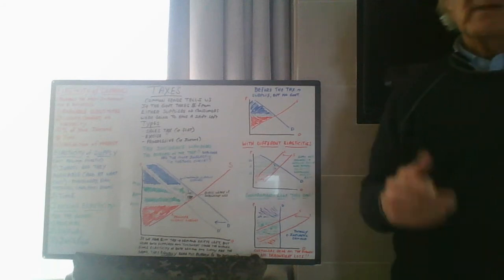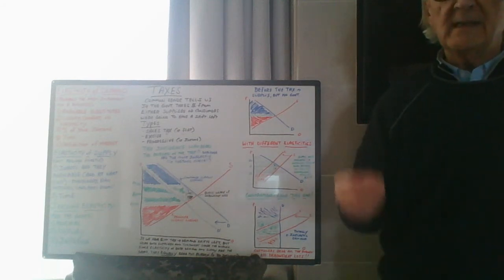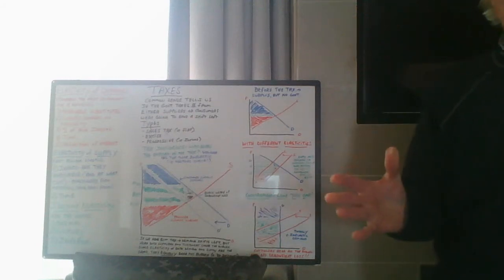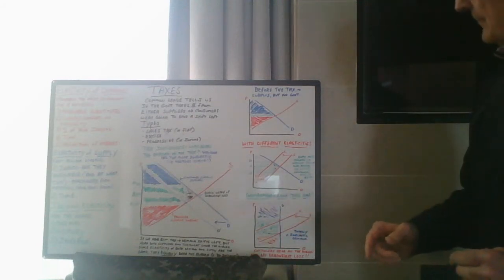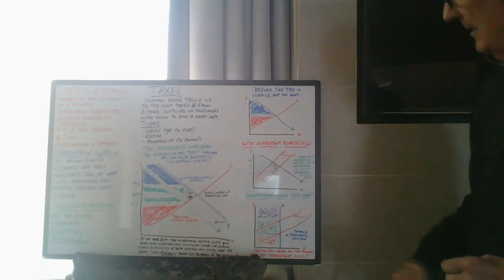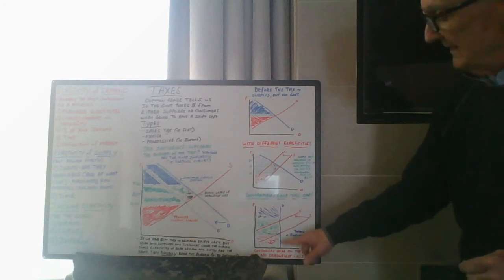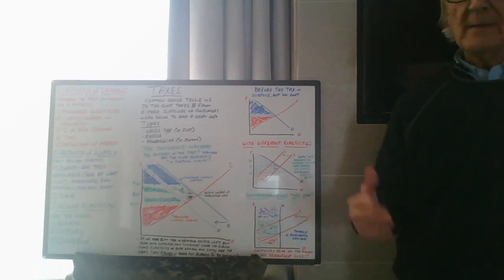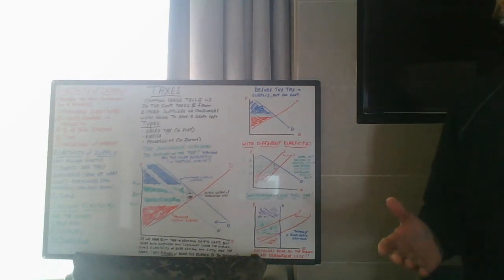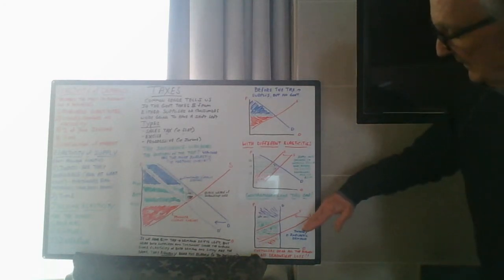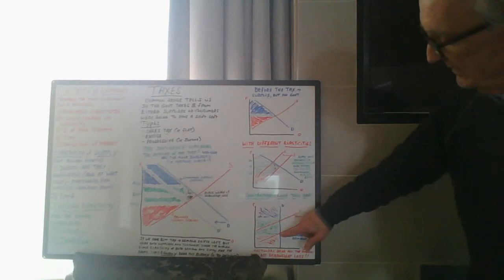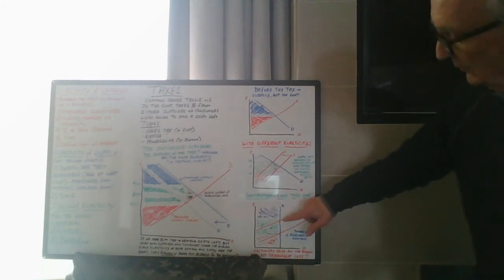Now, in the case of a totally inelastic product, the government loves that one. Here is a totally inelastic demand curve. Now what's happened? If the government institutes a tax and supply shifts over, we were here, now it's all the way up to here.